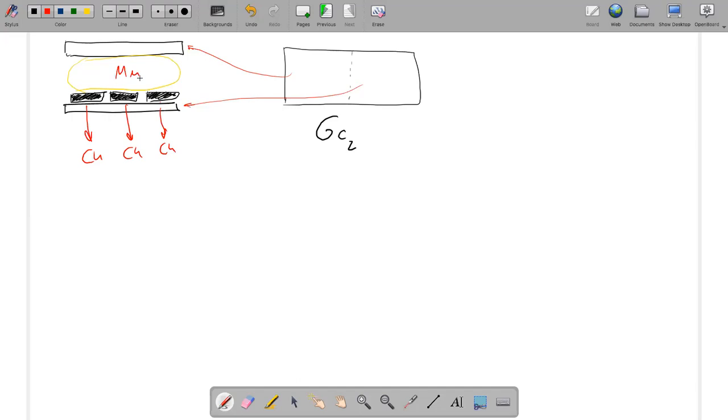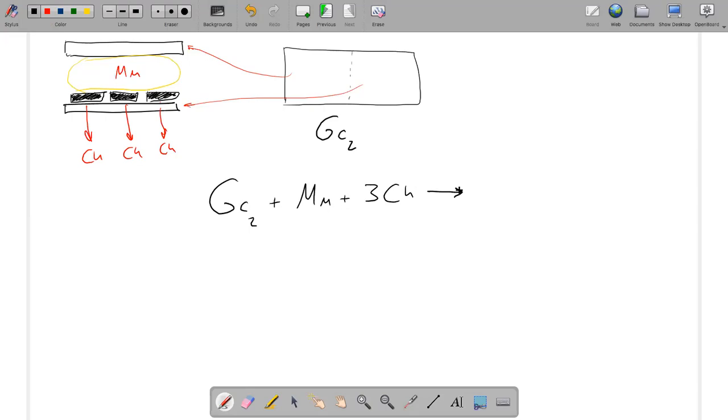So what we're trying to do is make this cookie out of the different components. What you need are one of the graham cracker that is diatomic, one marshmallow, and three of the chocolates.